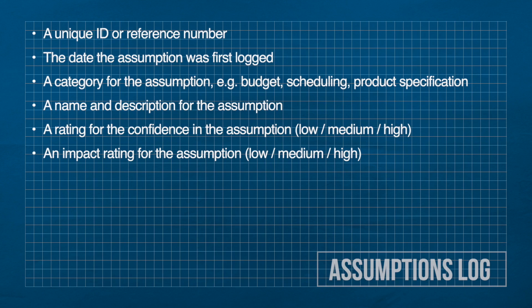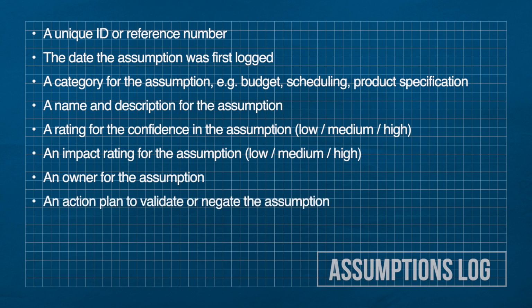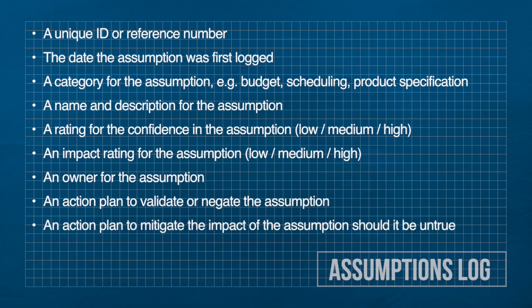You might allocate an owner to each assumption, the task of the owner being to test the assumption and to either validate it or to find a new assumption or a new fact to replace it. You might want an action plan for validating or negating the assumption, or you might want an action plan for how you might mitigate the impact of that assumption being wrong.